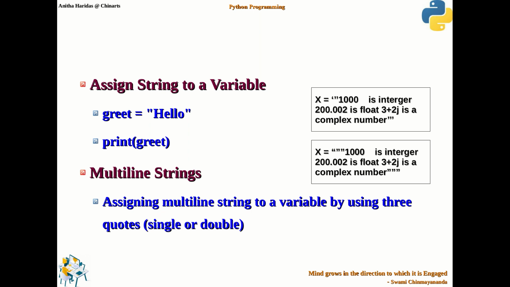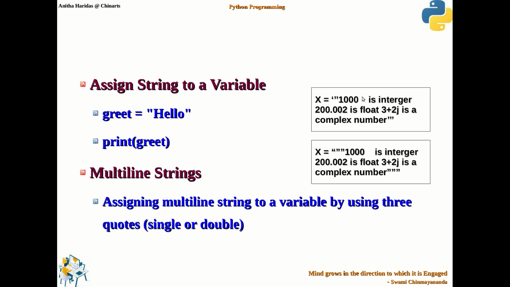New line is used for separating the statements or the instructions of a Python program. So if I give a new line here, automatically from this point it is going to be considered a separate statement. To avoid that, we can use multi-line strings specified with 3 single quotes or with 3 double quotes.